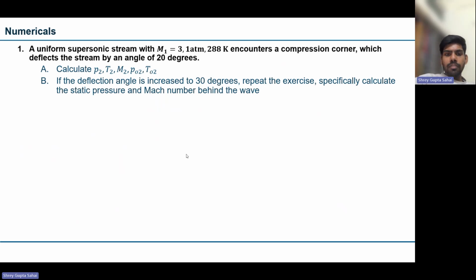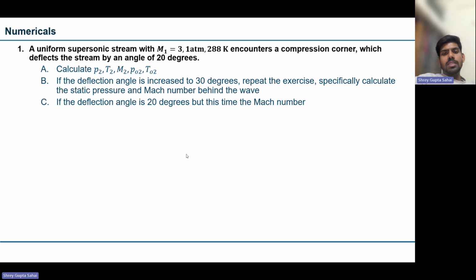And then see, if the deflection angle is 20 degrees, but this time the incident Mach number is increased to 5, calculate the conditions behind the shock.